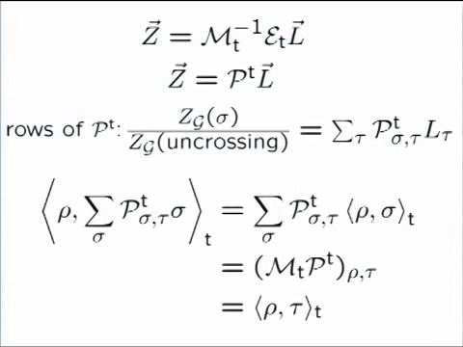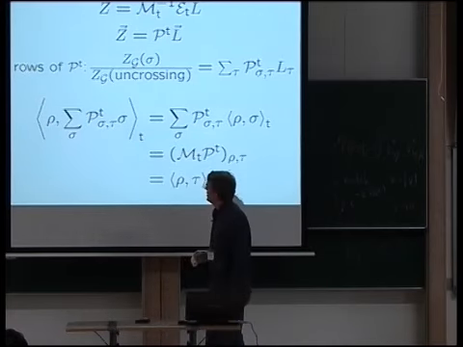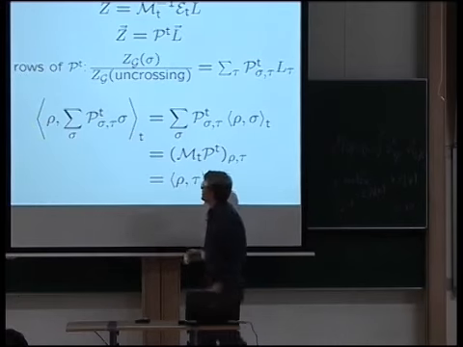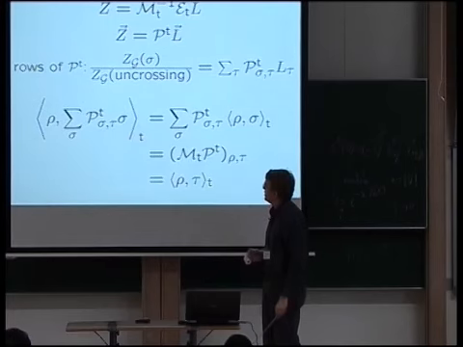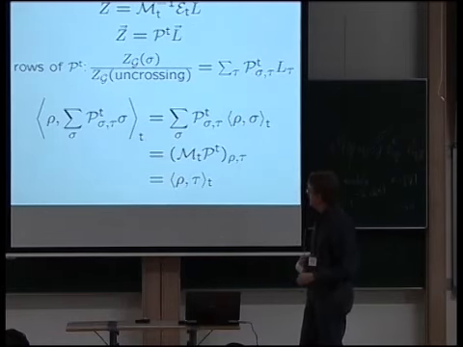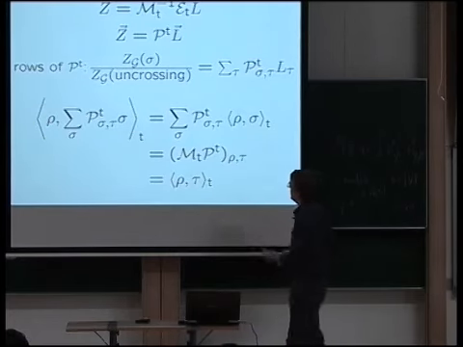And if you do some linear algebra, this shows how to interpret the columns. If you take any partition rho and you take the bilinear form between rho and the associated tau-th column, well, because it's bilinear, you can express it this way.